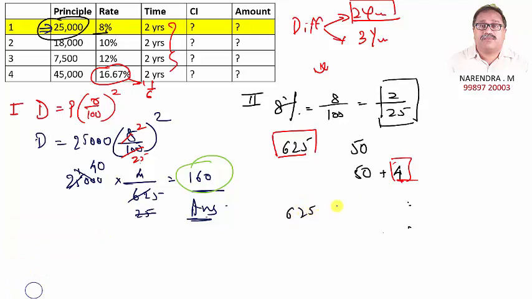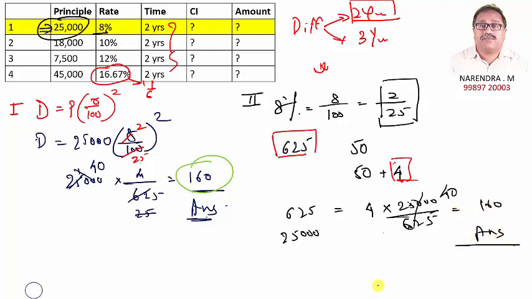When 625 is the principal, then the difference is 4. When the principal is 25,000, then what is the difference? So into 25,000 by 625. It gets cancelled 40 times, and it's 160, which is my answer. Hope this concept is clear.